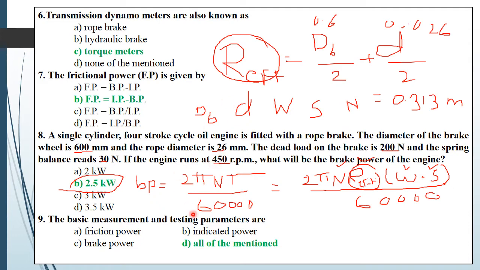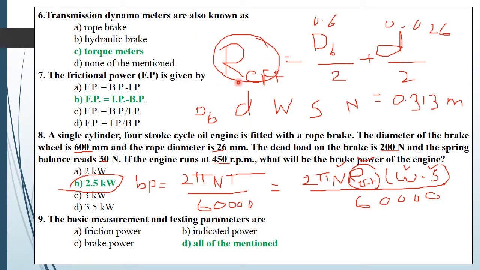As we know, brake power is equal to 2 pi N T divided by 60,000, which, rearranging terms, is equal to 2 pi N R effective into (W minus S) divided by 60,000. Here R is the average radius of the brake wheel and the rope. So dB by 2 is the radius of the brake wheel, plus d by 2, the radius of the rope.